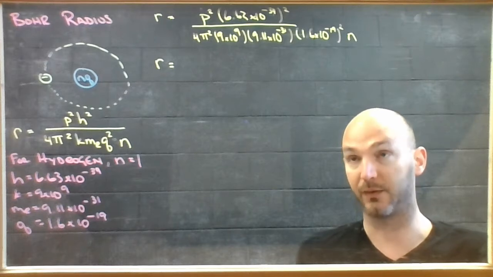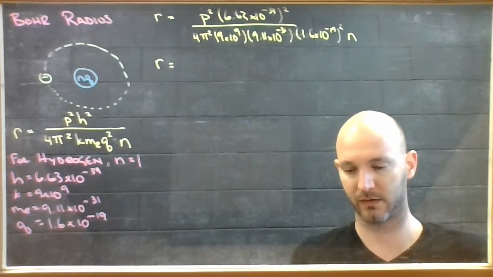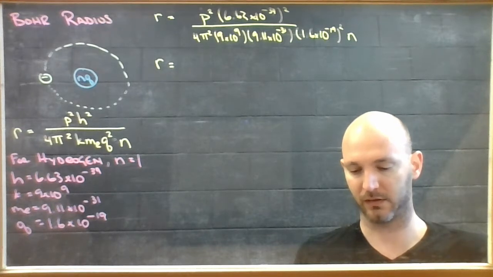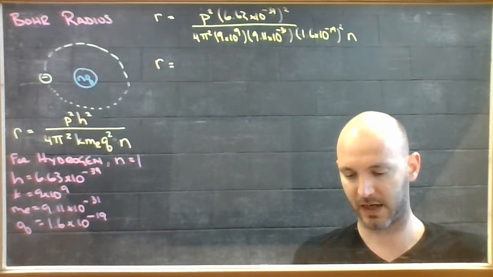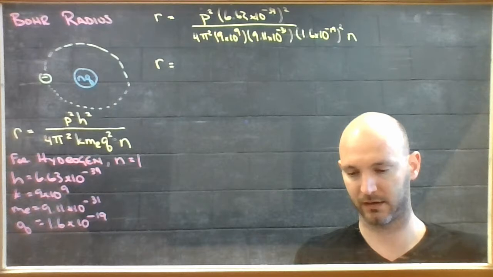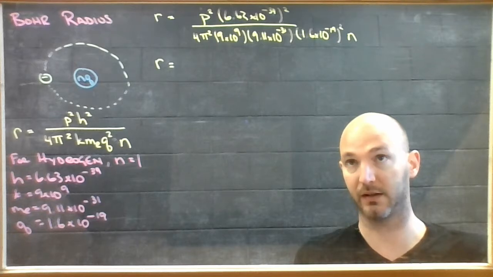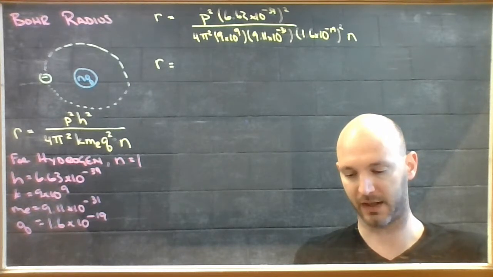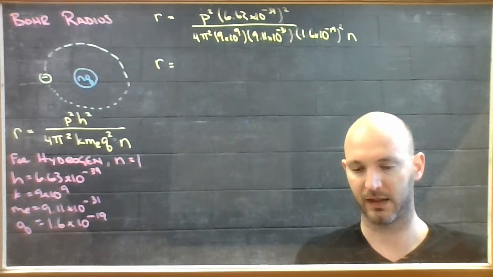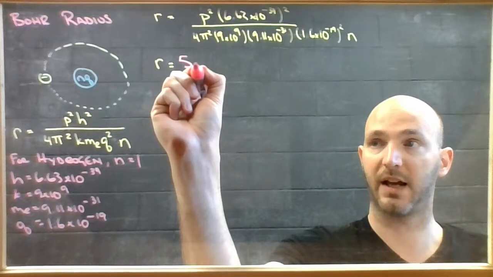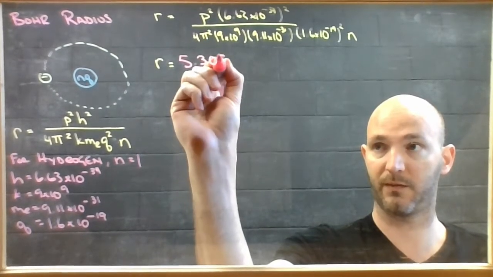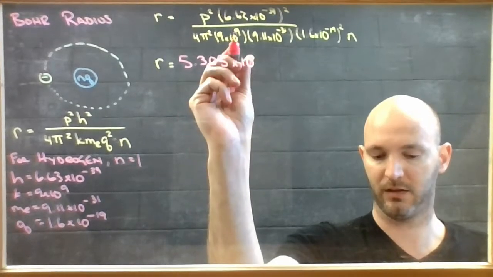6.63 times 10 to the negative 34 squared, divided by 4, divided by pi squared, divided by 9 times 10 to the 9, divided by 9.11 times 10 to the negative 31, divided by 1.6 times 10 to the negative 19 squared gives me 5.305 times 10 to the negative 11.